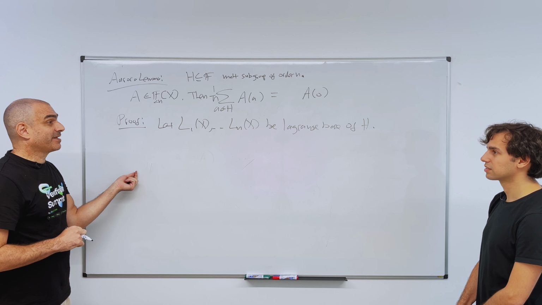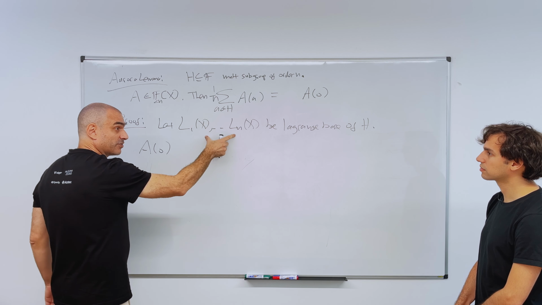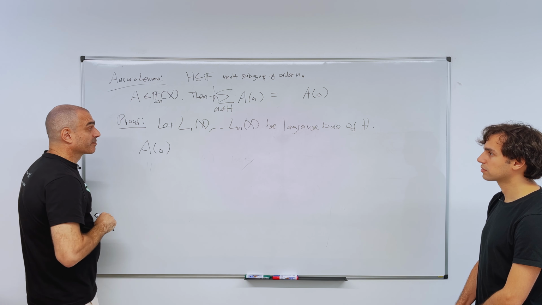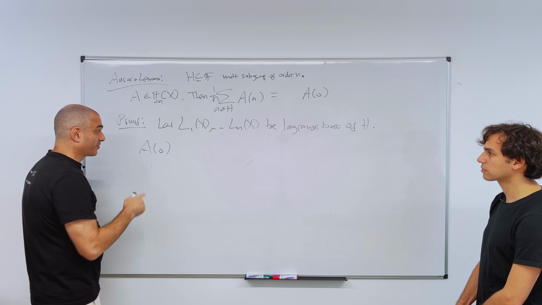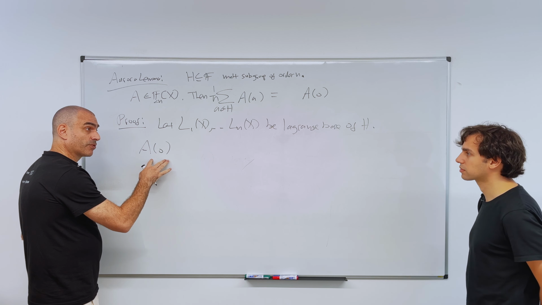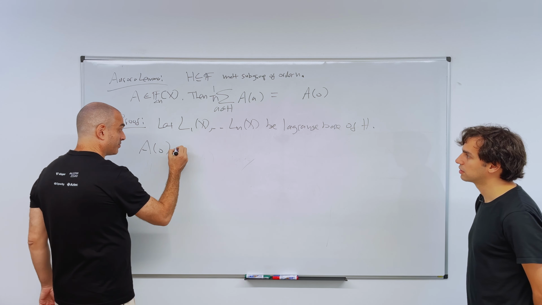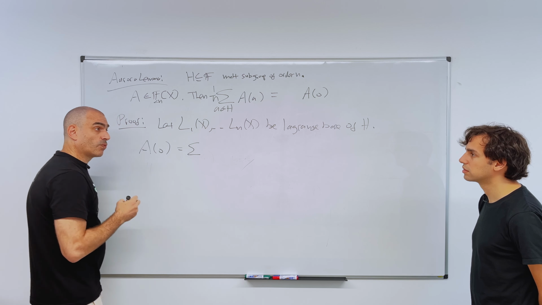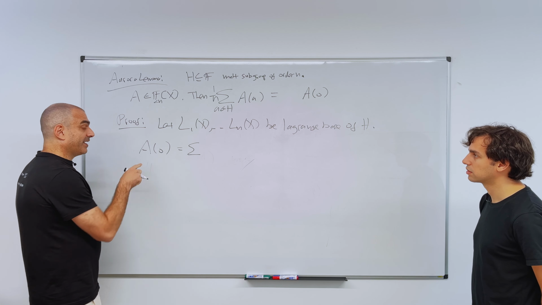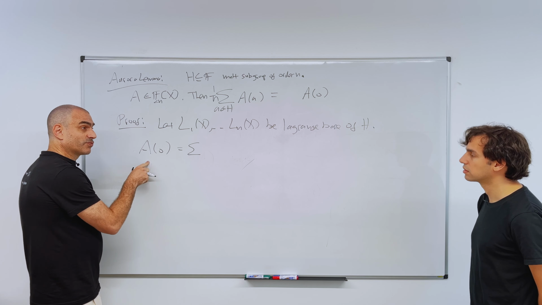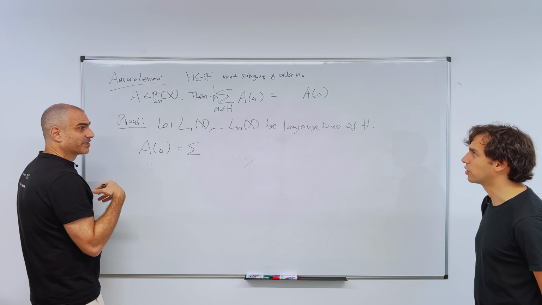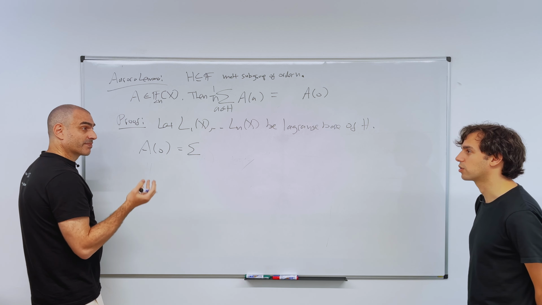Now, given A is of degree smaller than n, I can write it in the Lagrange basis, since they are a basis for polynomials of degree smaller than n. So I can write A(0) as a sum. When I write A in the Lagrange basis, what is the ith coefficient? We know the evaluations, so how do we get the coefficients?